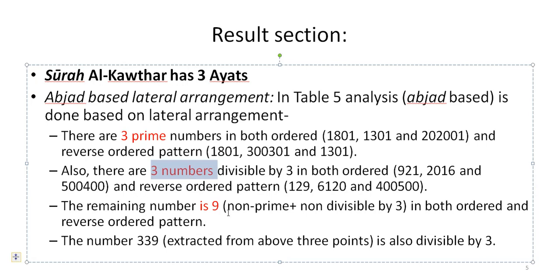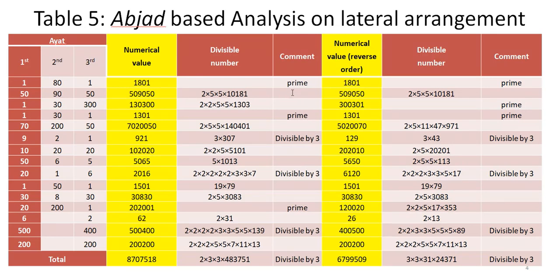The remaining number is 9, for non-prime plus non-divisible by 3. That means this is non-prime, this is non-prime, this is non-prime, and also this is non-prime.